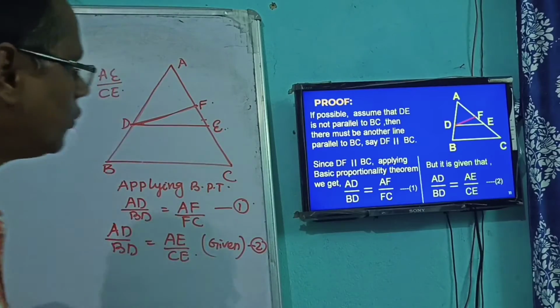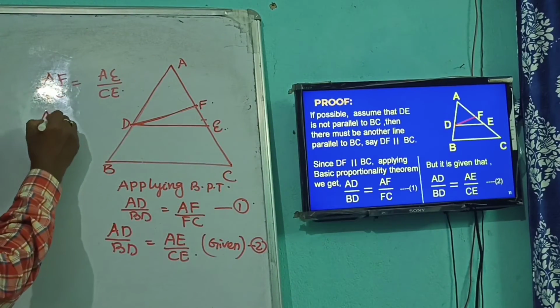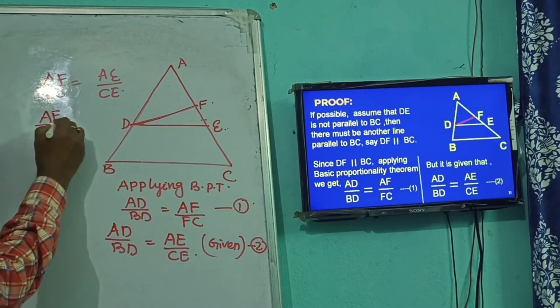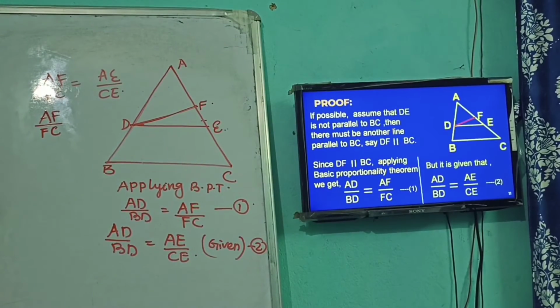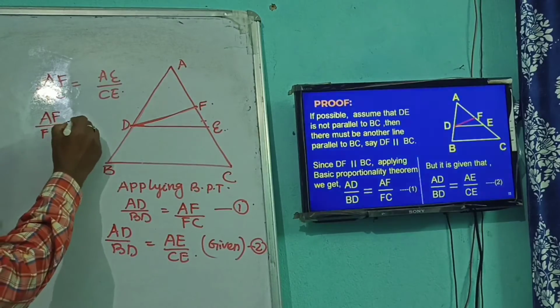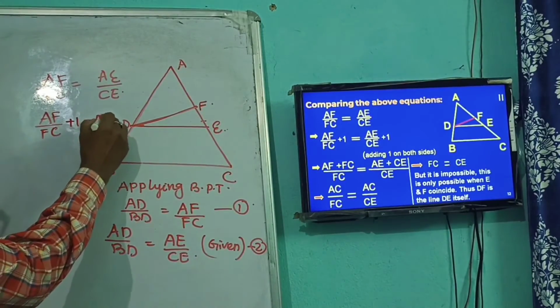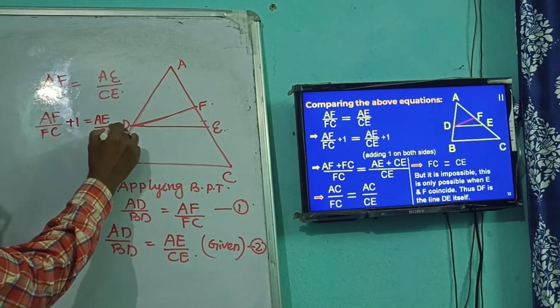Is that clear? So here I have added 1 to both sides: AF by FC plus 1 is equal to AE by CE plus 1.